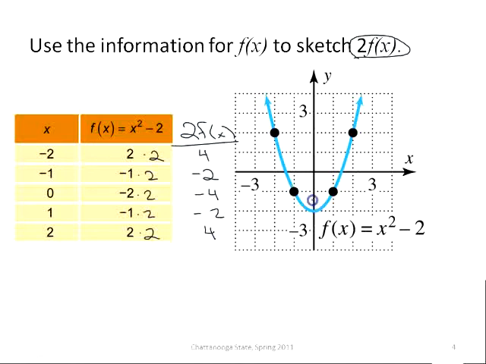So my new graph would have the points -2, 4, -1, -2, 0, -4, 1, -2, and 2, 4. So what happens is this graph has been stretched.